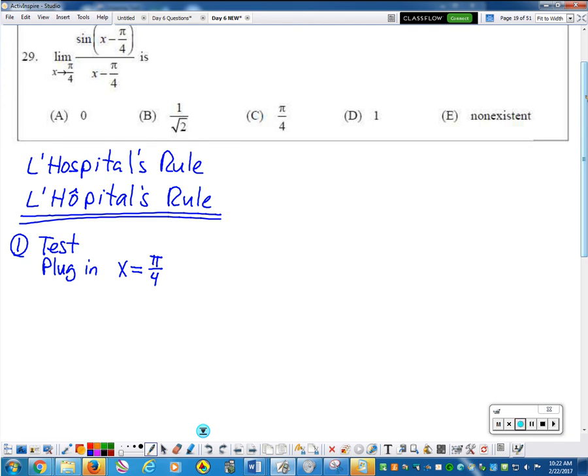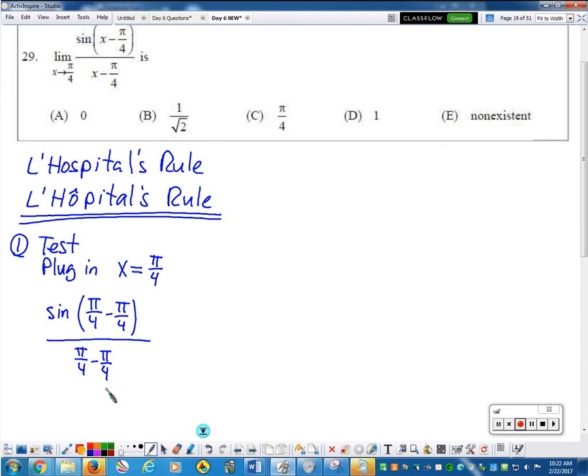So you have the sine of x minus pi over 4, all divided by x minus pi over 4, with x plugged in as pi over 4. That's the test. Just plug it in. It's not the typical way we find limits, but it works really well with L'Hopital's rule. Pretty good there? Now it gets really easy.